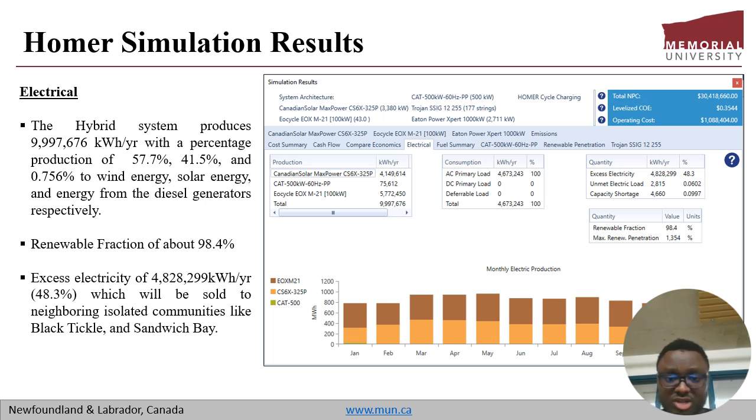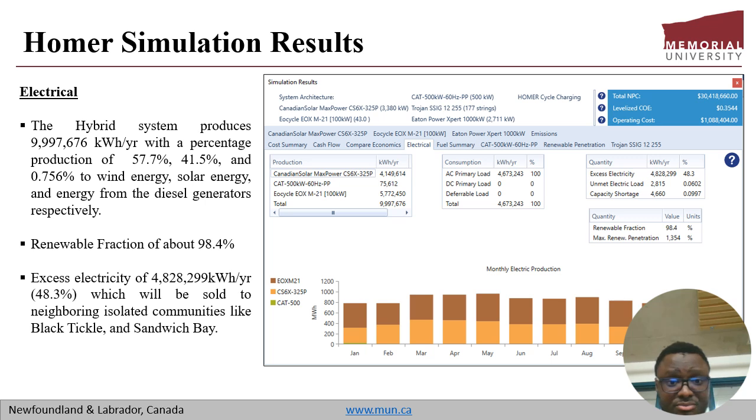So if you look down here in the entire system, you can see that the monthly electric production from January straight up to December was simulated and it looks good. In all, it's just bare minimum during the top times of winter that we had the generators running based on the demand, which can include heat to keep the people of Cartwright warm during this scorching cold period.